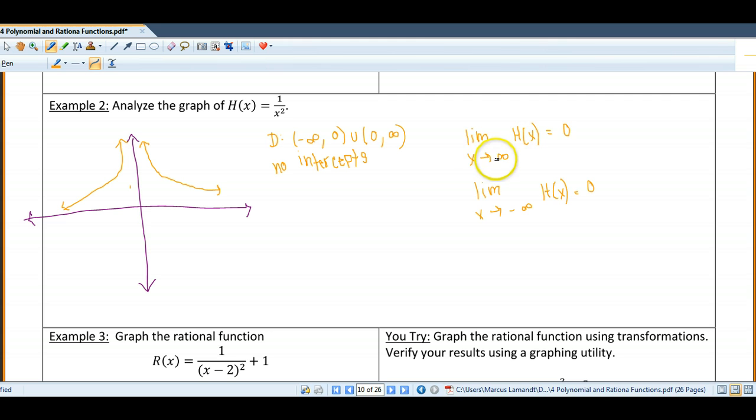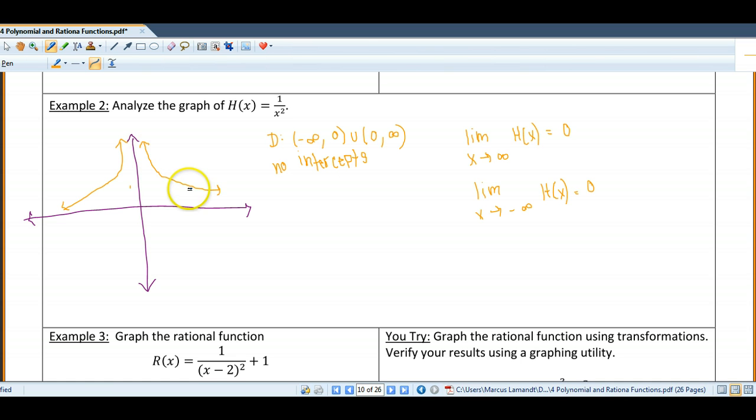This is a notation that we haven't discussed yet in class. The way you read this is, the limit as x approaches infinity of h of x equals 0. What this means is that if you look at this graph as x approaches infinity, the graph is getting closer and closer and closer to 0.